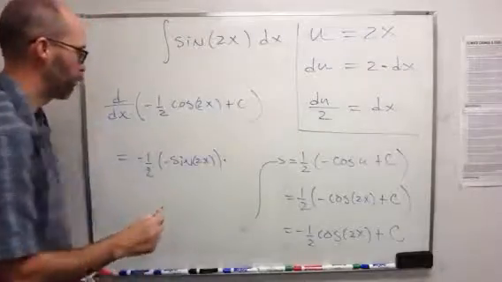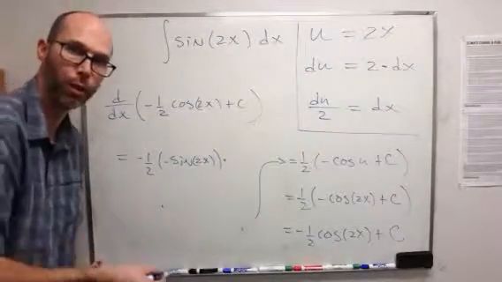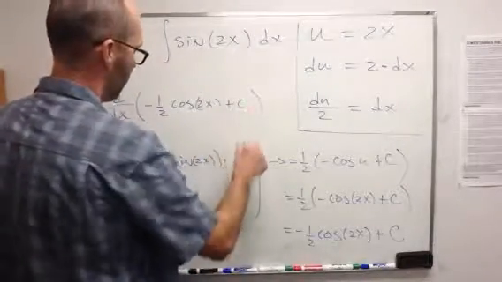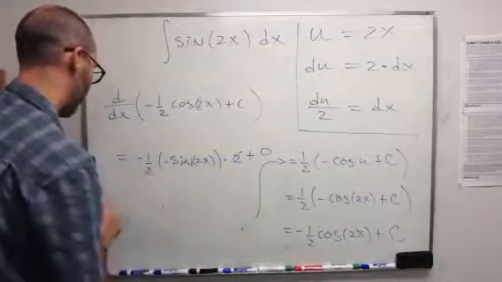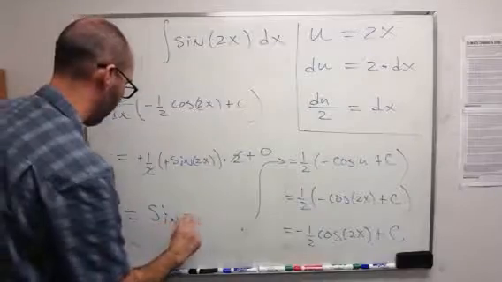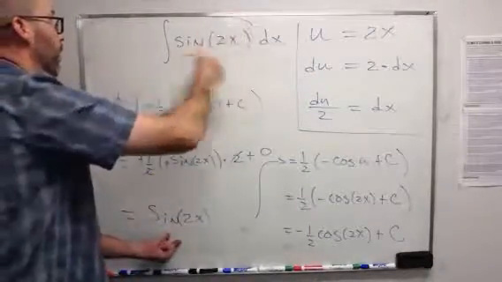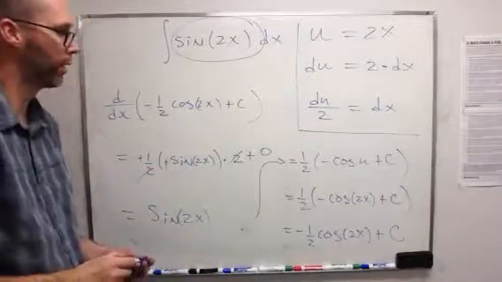Now we treated 2x like an x, so we've got to take its derivative afterwards. The derivative of 2x is 2. Derivative of c is 0. So this guy cancels there. The negatives cancel. You see we have sine 2x. This guy is that guy. So we know we did our work correctly.